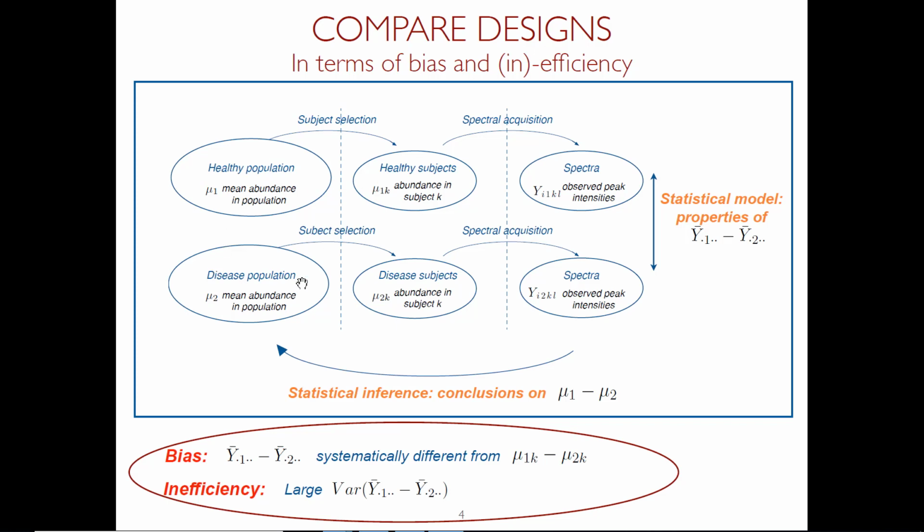And then we include subjects into our study, and subjects are included randomly. There is a natural subject-to-subject biological variation. So we do not know exactly the abundance of the proteins in the subject, so we also denote their abundances as Greek letters. What we actually see is the intensities of peaks in mass spectrometry, which we observe, so this is why they are in Latin letters.